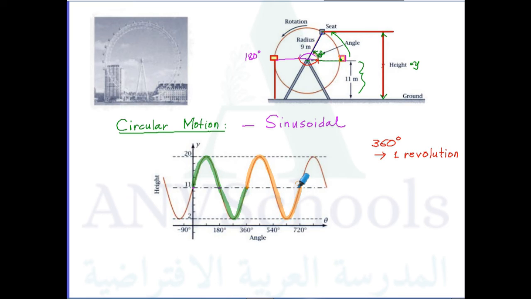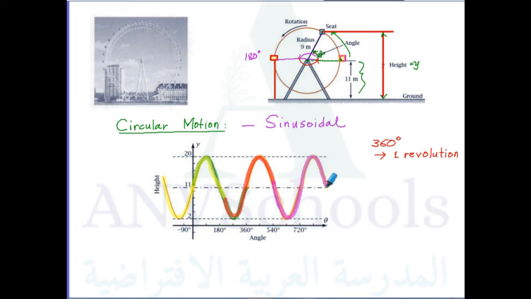So there are three periods available for this graph. You have this, you have this. So you have three periods available. Actually, if we are going to sum it up, it would be from here to here, and then the last one would be from there to there. So this is three periods.